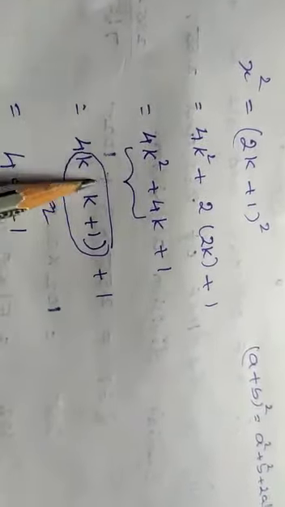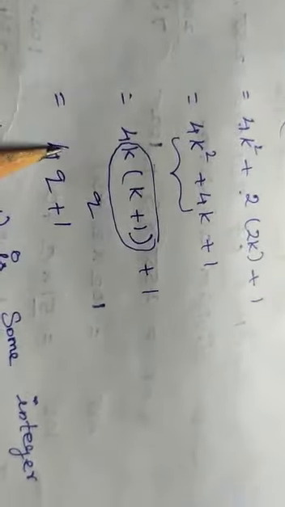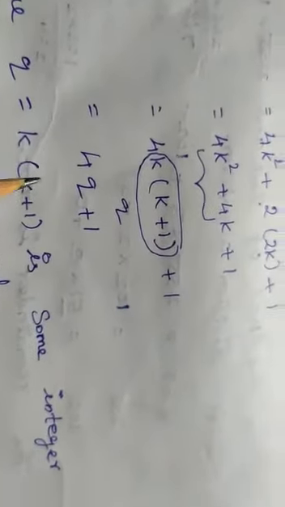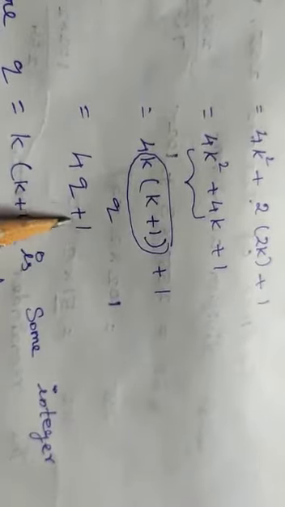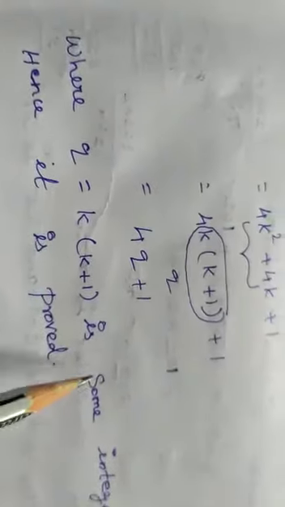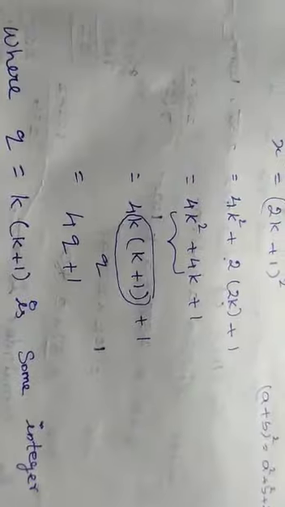So 4k into k plus 1, plus 1. Then this whole thing will become q. It will be 4q plus 1, where q equals k into k plus 1 is some integer. This is an integer which leaves remainder 1. Hence it is proved. We have proved for an even integer the remainder is 0 and for an odd integer the remainder is 1.